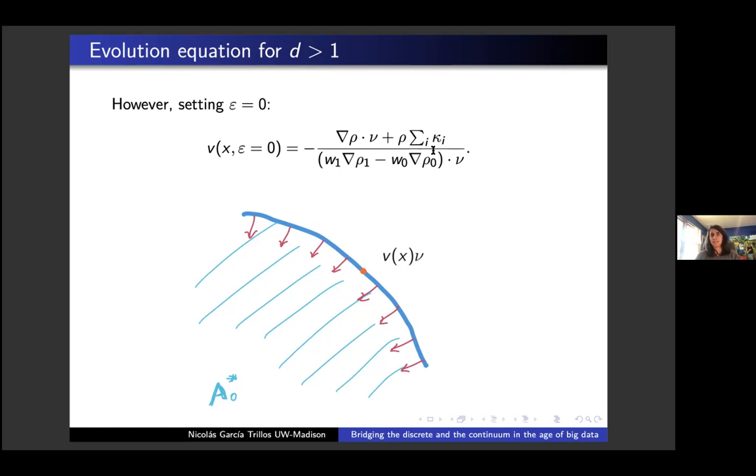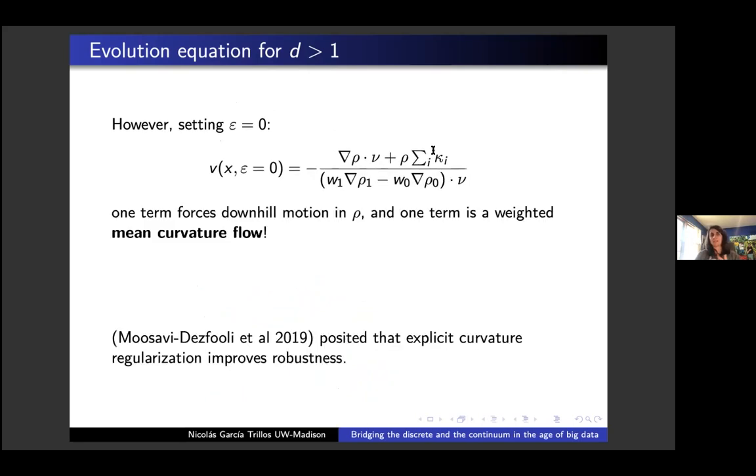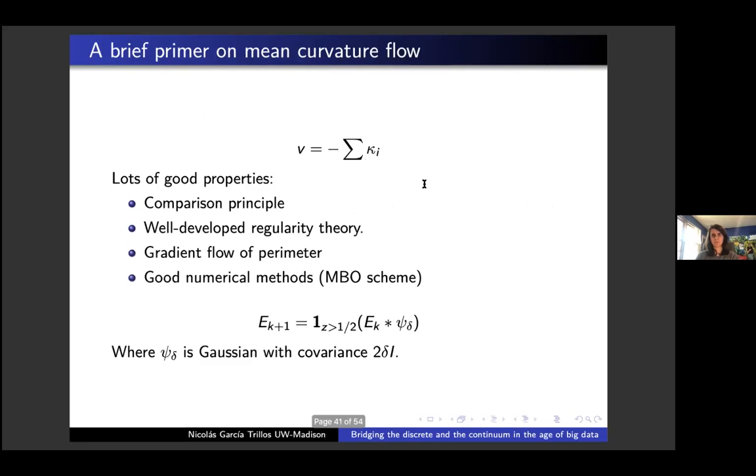That's the interpretation, and it's nice to see mean curvature flow showing up in these types of problems. So the bottom line is that adversarial learning, at least for this model, is trying to regularize the boundaries, driven by perimeter. You're trying to make surfaces shorter and smoother. That's one interpretation for the curvature term showing up.